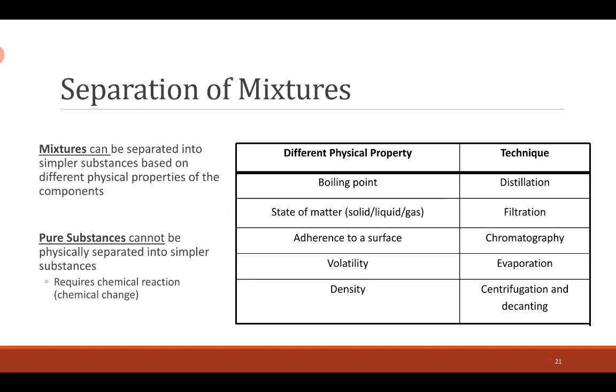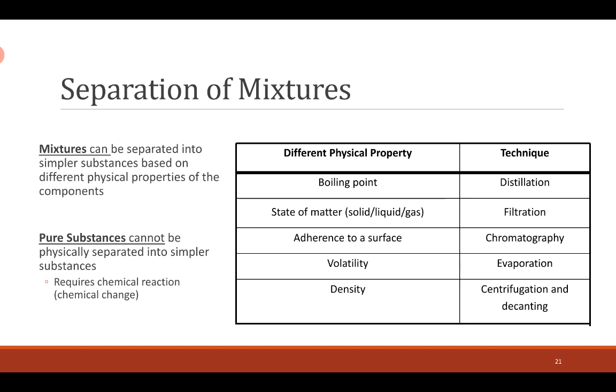Because of these differences, we can use different techniques in order to separate mixtures based on that different property. So if they have different boiling points, we can distill the substances. That means boil off the lower boiling point substance and collect it in another flask.